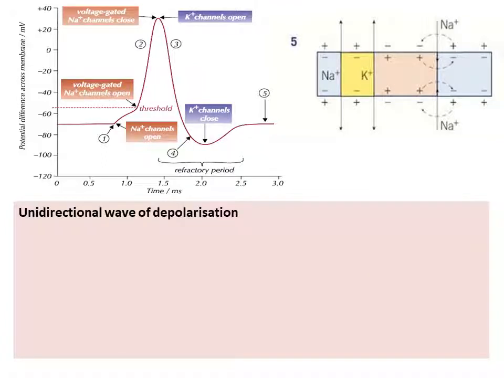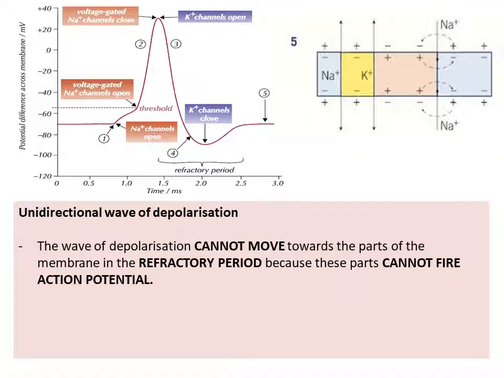This is referred to as a unidirectional wave of depolarization. So the wave of depolarization cannot move back towards the areas which are in a refractory period, because they're not able to have an action potential because the sodium channels are closed, and this means that the action potential can only move forward where the voltage gated channels are able to be opened.